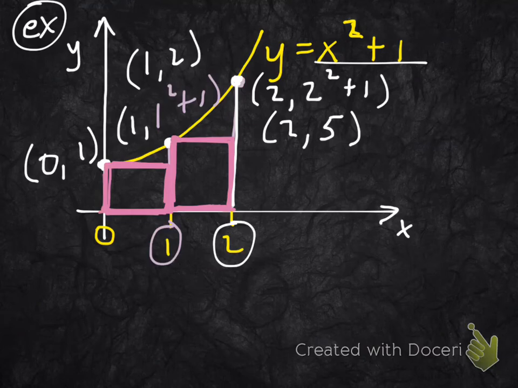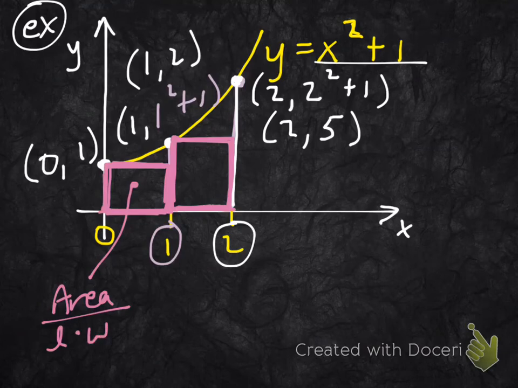Okay, so the area of this one would be the length of the base times the width, or base times height, however you want to say it. We know the dimensions of the rectangle, we just multiply the width times the height. So base times height, and we can see that the base has a length of 1.